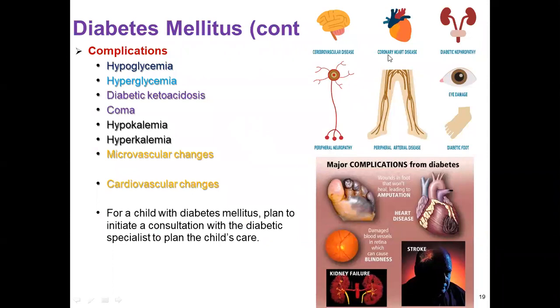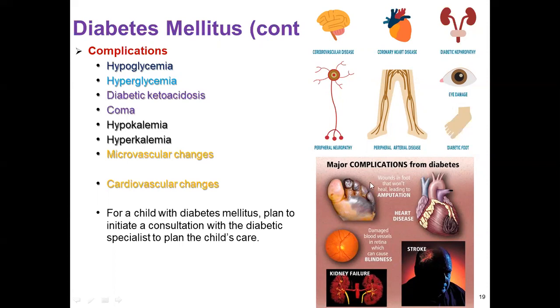In this picture, everything is the same. I want to recap a little bit. In the picture here, you can see the nervous system, peripheral neuropathy developed, right? And also peripheral arterial disease, more common in uncontrolled diabetes patients. Diabetic foot care is important.